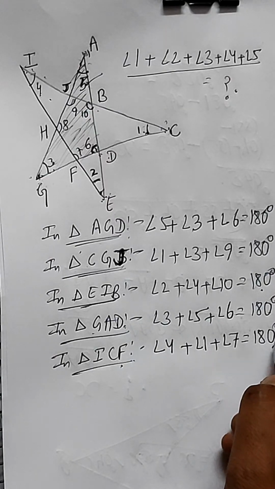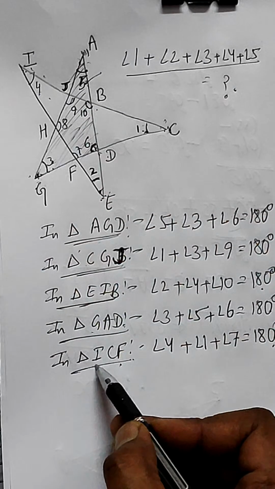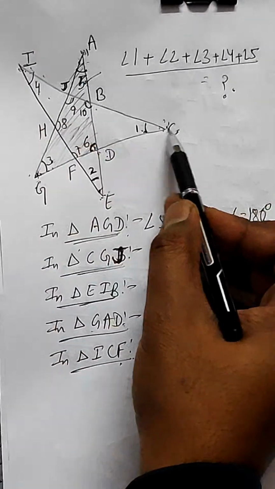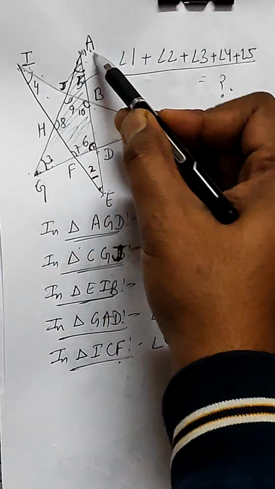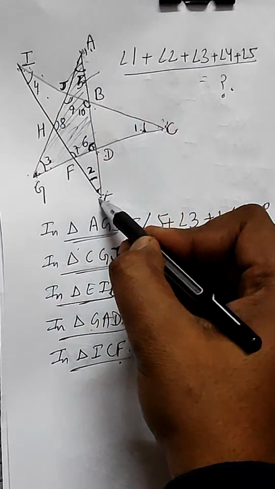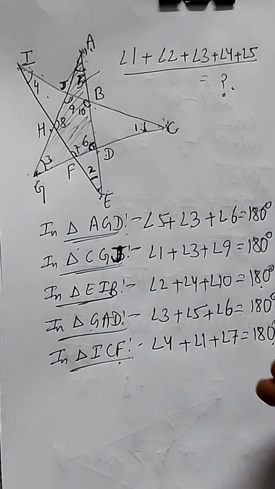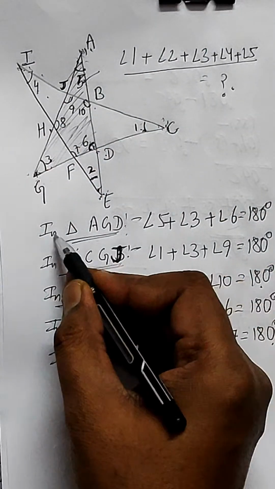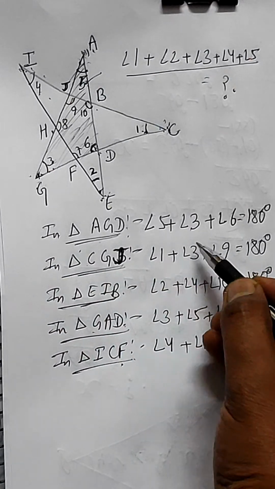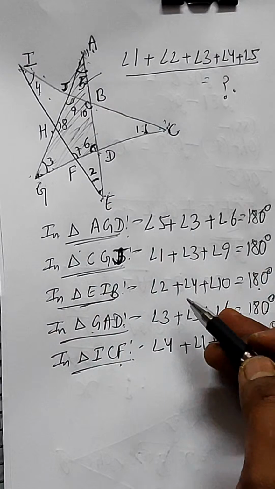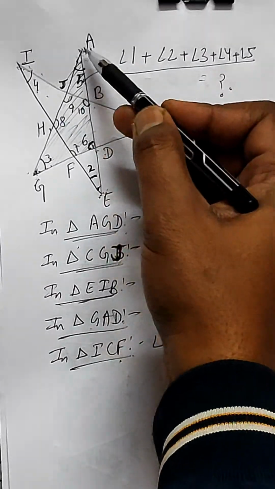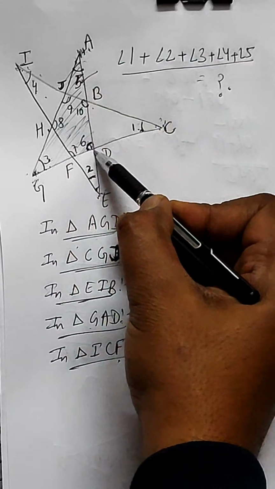Perfectly fine. So ICF, then AEH. Here we will consider all the triangles in the same order. Here we have taken the triangle starting from A as AGD.